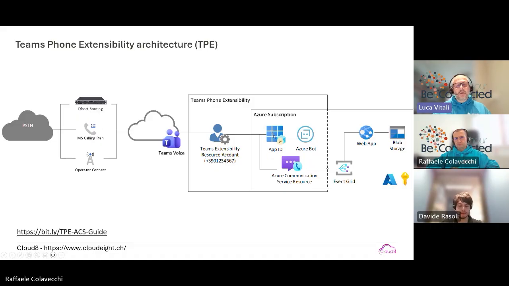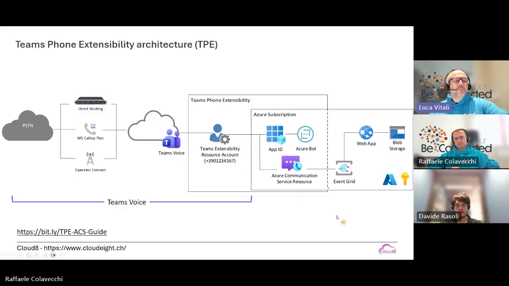Next, the call is taken by Azure Communication Services and processed by the web app. We can manage this integration via Event Grid. So Event Grid is the connection between Azure Communication Services and your web app. Your web app, because you have to create it from scratch.